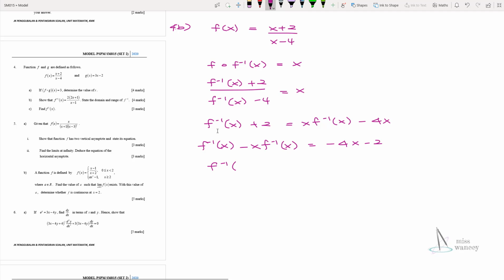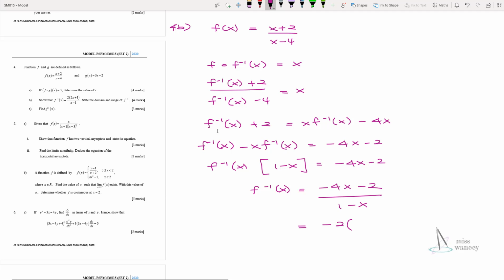Then factorize, we are going to get f inverse of x times (1 minus x) equal to negative 4x minus 2. So f inverse of x is simply equal to (negative 4x minus 2) over (1 minus x). So let me factorize negative 2 out.